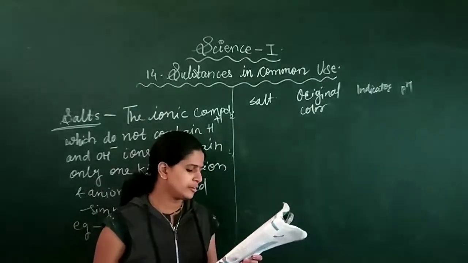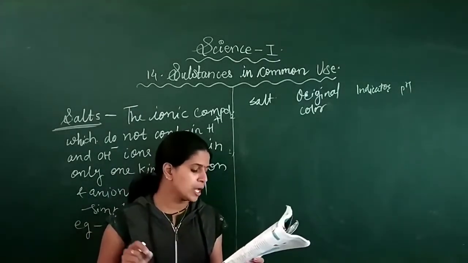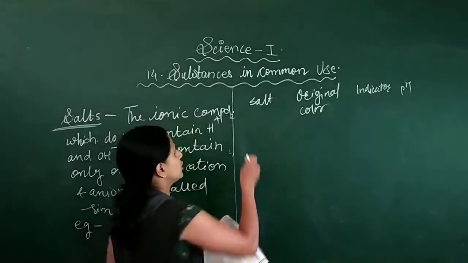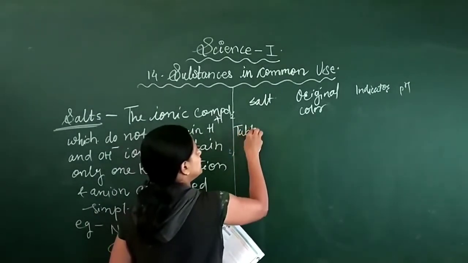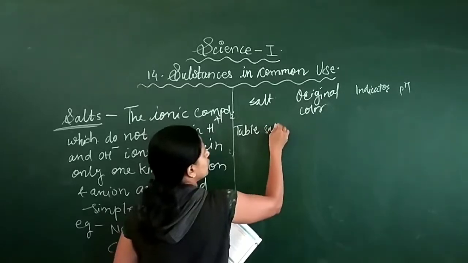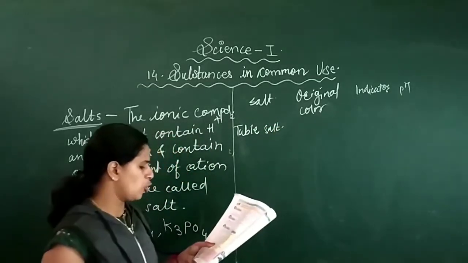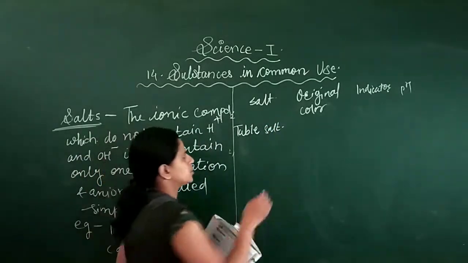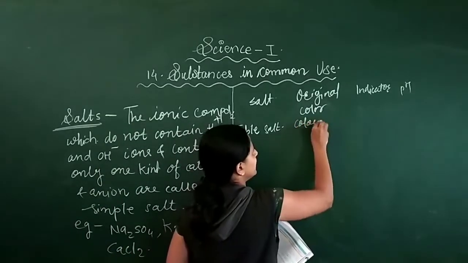The first one, write down in your notebook. Table salt. Table salt means sodium chloride. The original color is, you know that, colorless. Salt is colorless in nature.